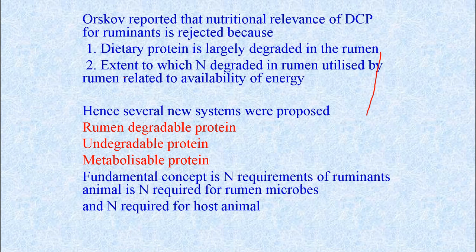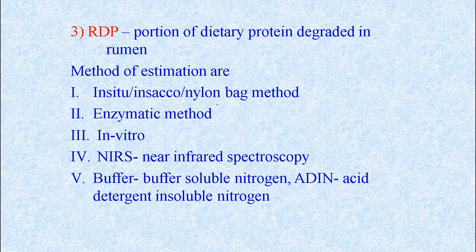The fundamental concept is that the nitrogen requirement of the ruminant animal is the nitrogen requirement of the rumen microflora, because ruminal digestion depends upon the type and quantity of the ruminal microflora, and the nitrogen required for the host animal is equal to the microbial digestible protein.